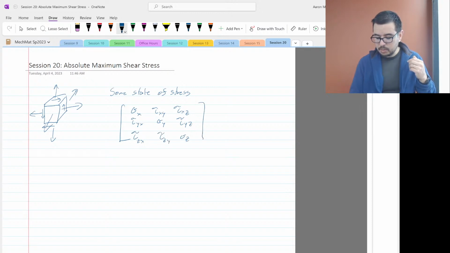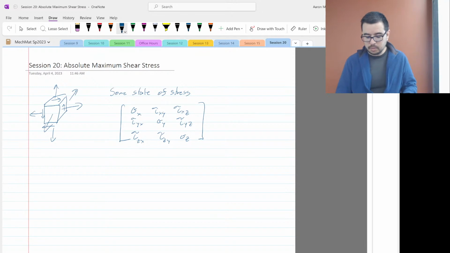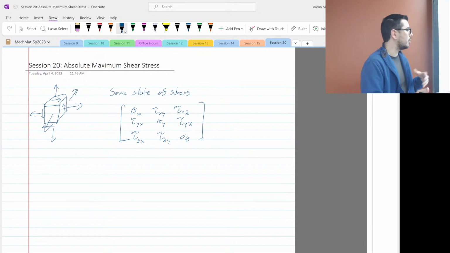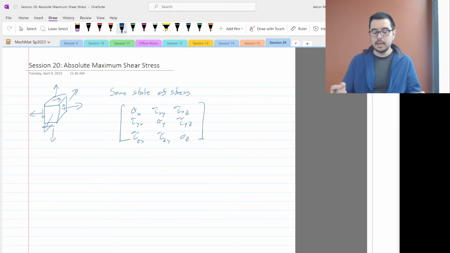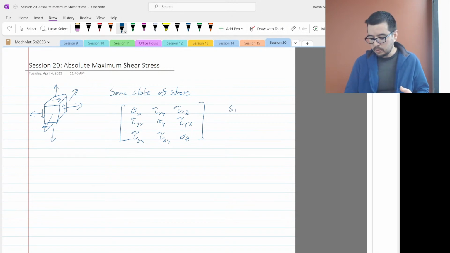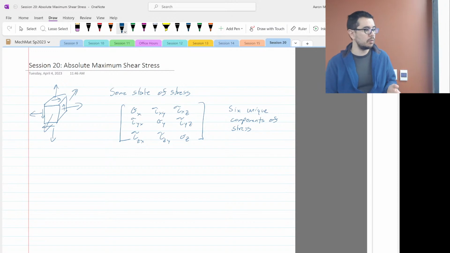So we have some state of stress, and we know that it's symmetric, so that tau xz is equal to tau zx, tau xy is equal to tau yx. So we really have 6 components of stress that we're concerned with.